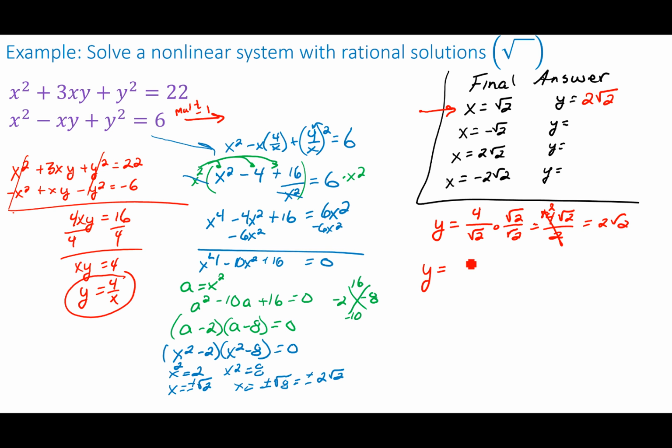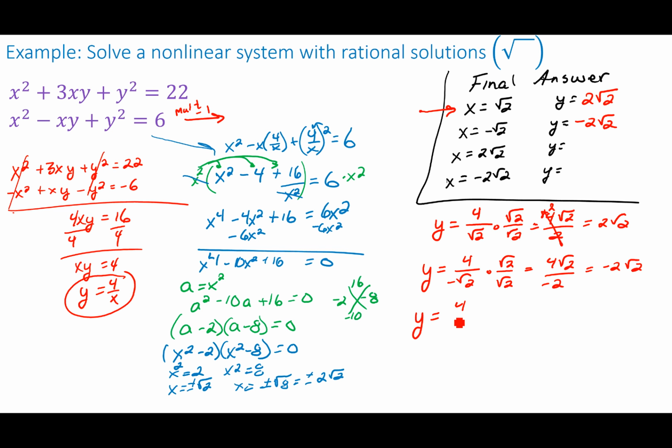Going down to the next row, 4 over negative square root of 2. Same thing, I'm going to multiply by root 2 over root 2. And so this becomes 4 root 2 all over a negative 2, which becomes negative 2 root 2. So when x is a negative square root of 2, my y is negative 2 root 2.